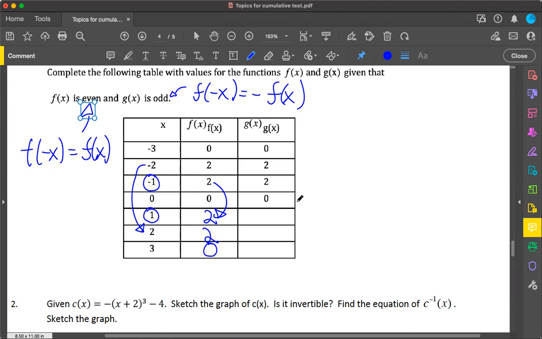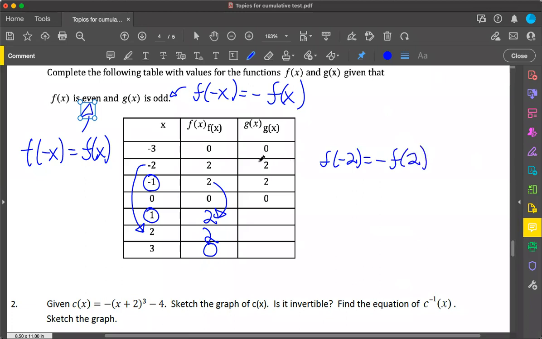This is 0. Okay? And if it's odd, hopefully plugging in negative x coordinates is equal to the negated version of the positive input. So this is saying that f of -2, and you can think this out, don't be afraid to do this, should be equal to the negative version of f of 2.